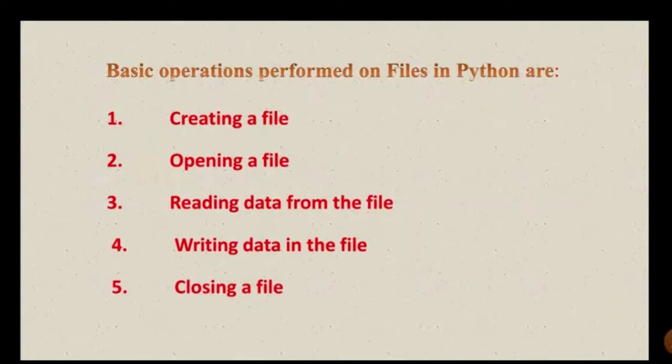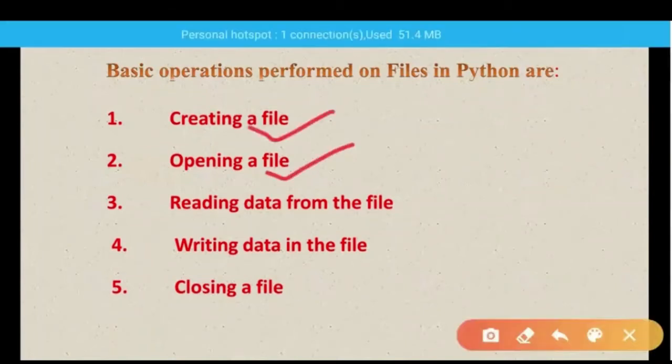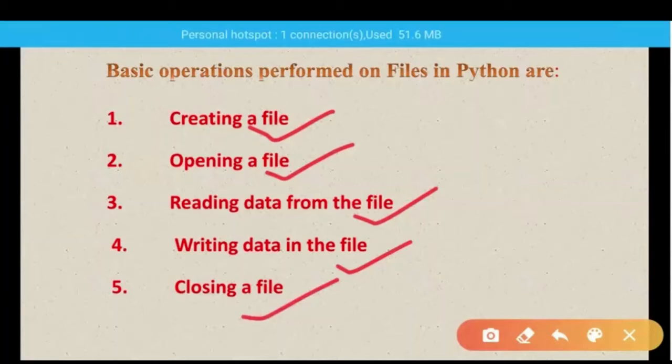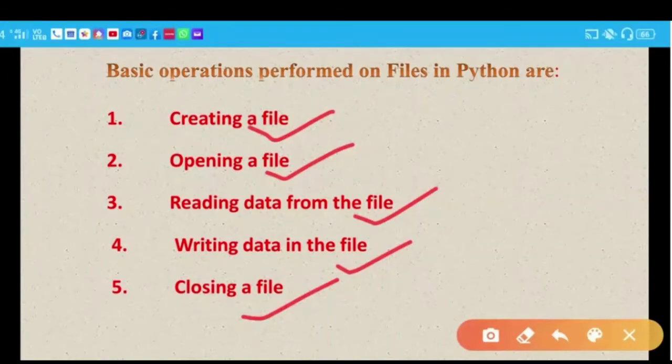Only these 5 points cover the entire chapter. If you have learned all these 5 points, the chapter is over, nothing else. So you can realize how easy the chapter is.